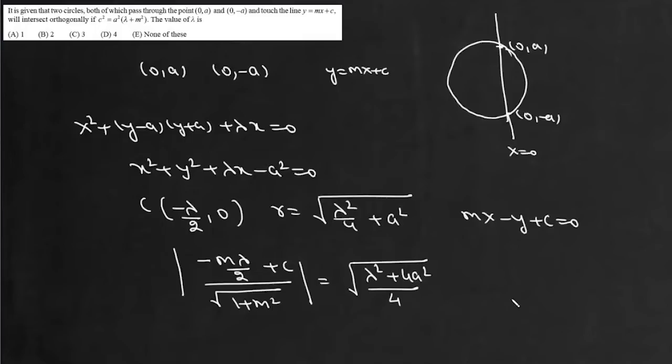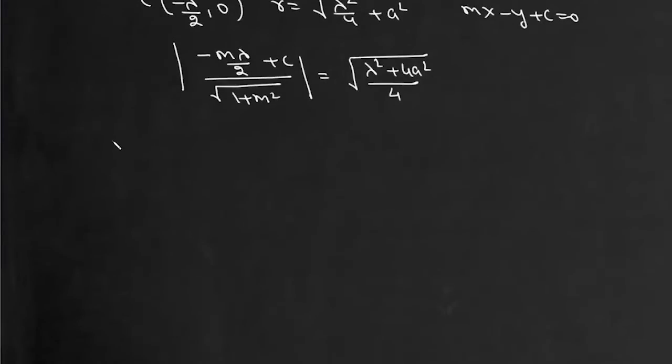Now if we square it, we'll get this as minus m lambda plus 2c whole square.